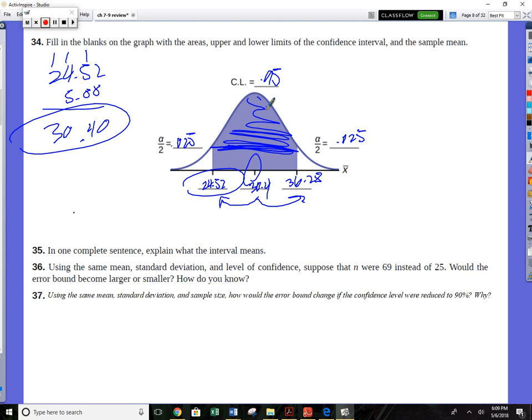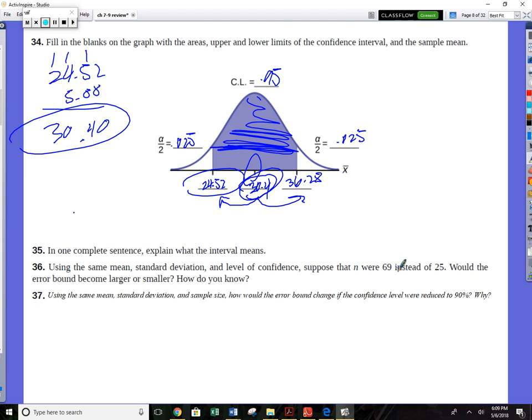Okay, let's look at 36. Using the same mean, so the sample mean, I guess they gave us this sample mean, 30.4, and the standard deviation, and the level of confidence. Suppose that n were 69. So we sampled 25 kids.